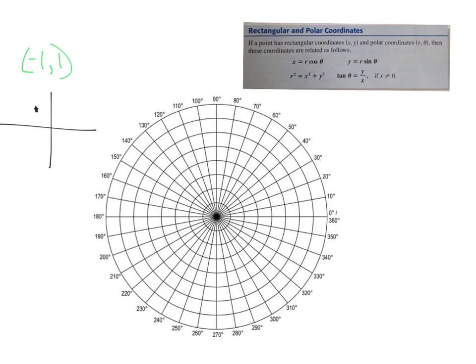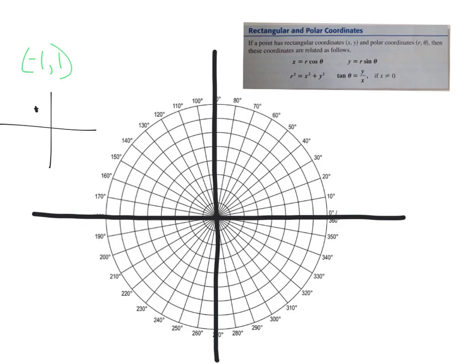Alright, so one of those points, in fact, let's use kind of again a superimposed XY axis on top of this. Okay, so let's go over -1 and then up 1. We end up like right in there. Okay, so when we do that, we have a 45-degree angle there, right?